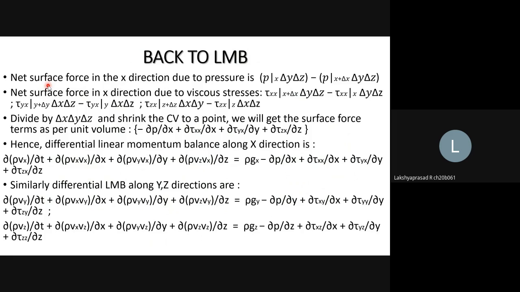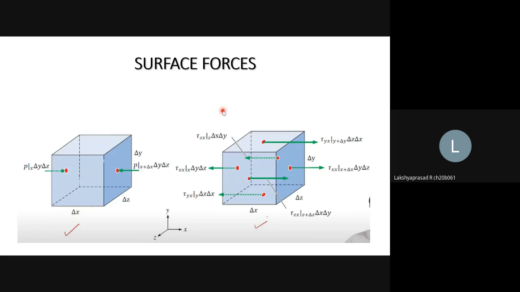The net surface force in the x direction due to pressure is P delta y delta z minus P delta y delta z, evaluated at x and at x plus delta x respectively. Once again, we are considering the small cuboidal control volume with delta x, delta y, delta z as the sides. The net surface force in the x direction due to viscous stress will be as shown below, and you can clearly see this in the image here.